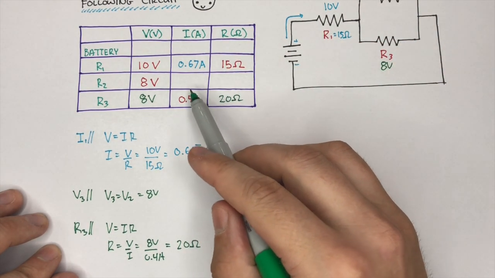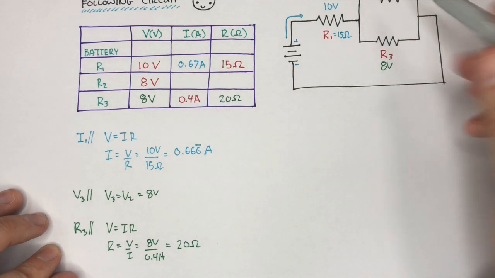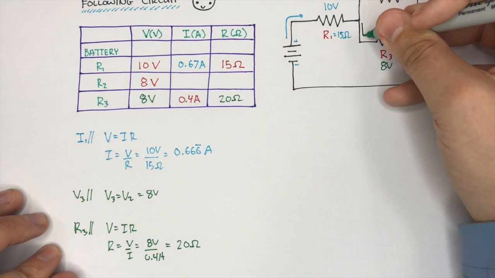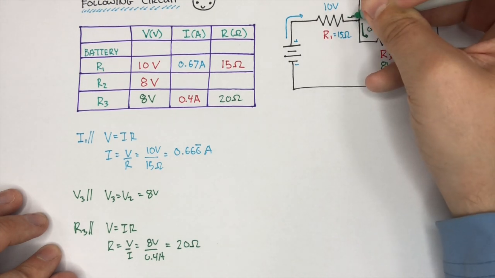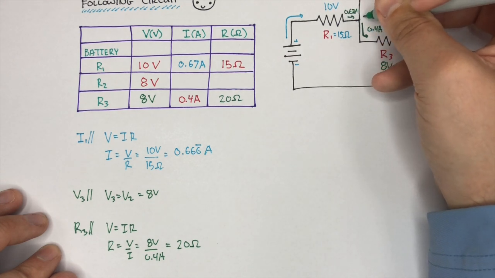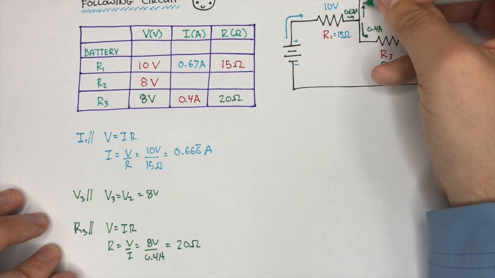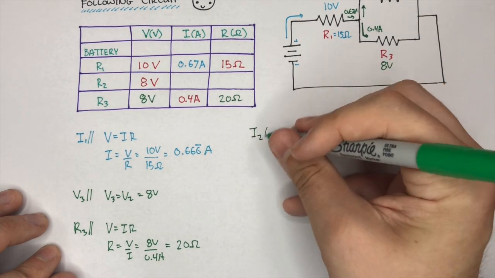Now, I can take a look here and say, well, I'm missing some information about the current across R2. But I know the current that comes around R3 is 0.4 amps, and I know the current that enters is going to be equal to 0.67 amps. So I can use the junction law to find out what the current across R2 is going to be. So let's find out I2.